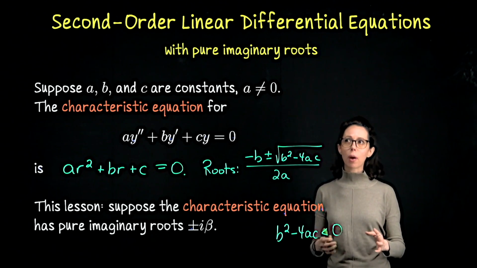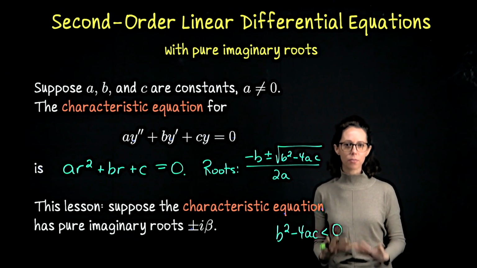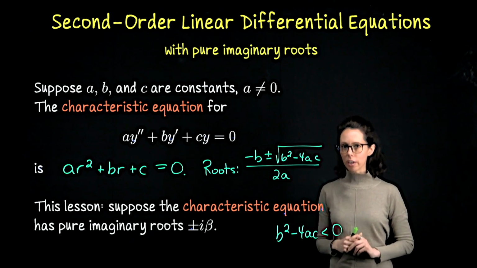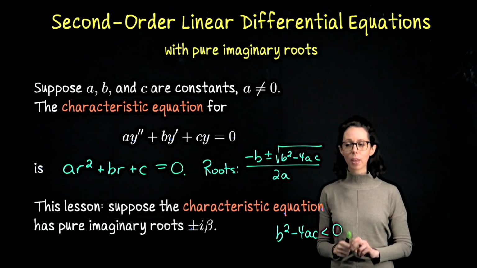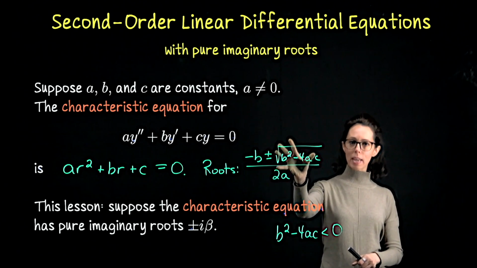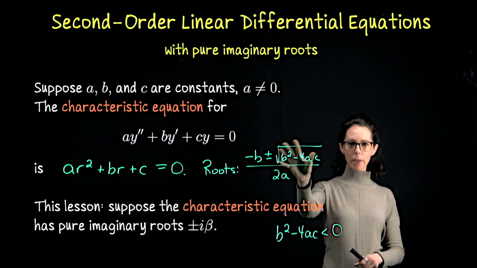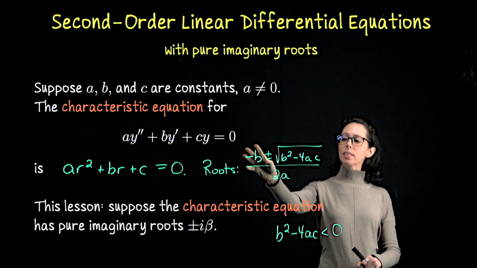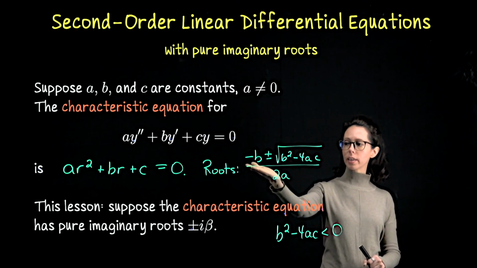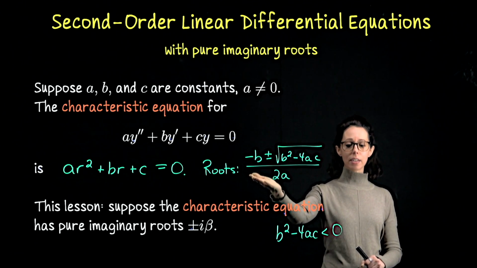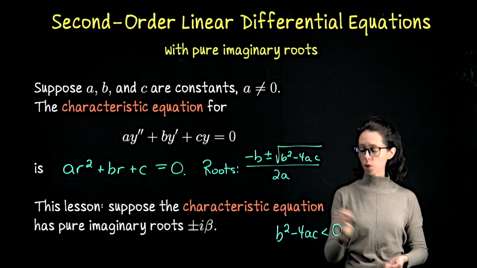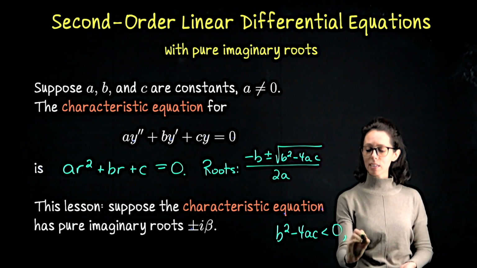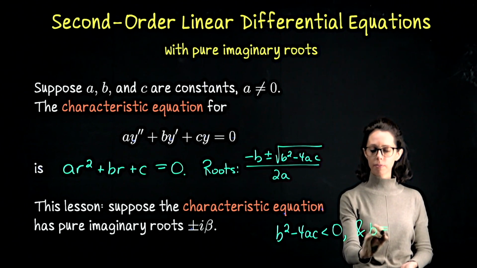But for this first look at not real roots, I want to focus on one particular scenario: the discriminant is negative, so we pick up an imaginary term, but the leading term in the numerator, negative b, is actually 0. So imagine that the discriminant is negative and b is 0.